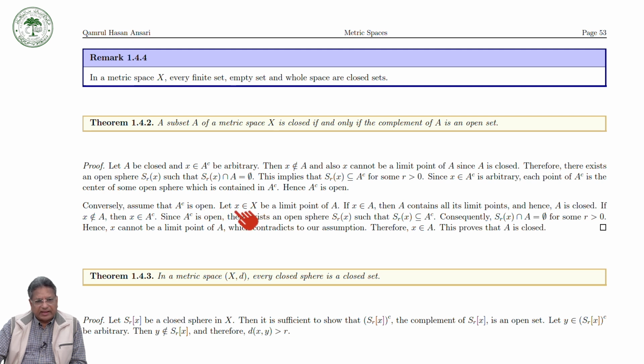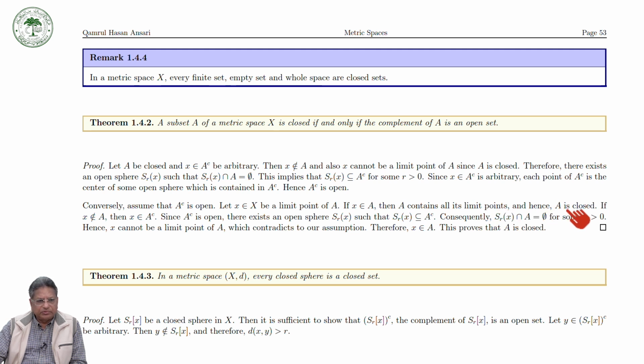So let x be a limit point of A. We will have to prove that every limit point of A lies in A, then A is closed. If x lies in A, then A contains all its limit points and hence A is closed.